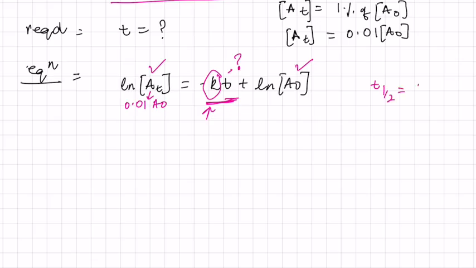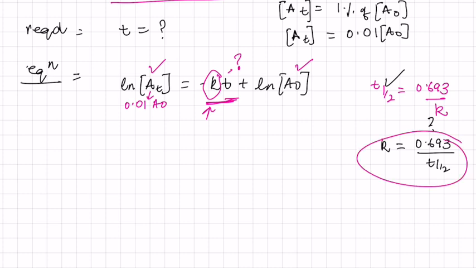So I know that T half is equal to 0.693 over K. Out of these, T half is given to me, K is unknown. So can I isolate K? Yes, I can. K is equal to 0.693 over T half.